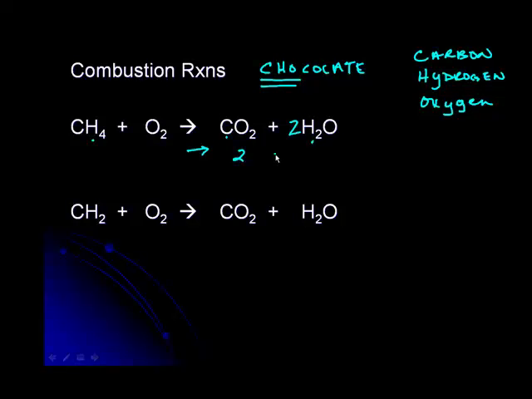I've got 2 oxygens plus 2 more oxygens for a total of 4 oxygens on the right. So I need to make 4 on the left, which means I put a 2 there. And that gives me 2 times 2, 4 oxygens. Always check one last time. 1 carbon, 4 hydrogens, 2 times 2, 4 hydrogens, 2 times 2, 4 oxygens, which is 2 plus a 2 times 1. 4 oxygens, and so this one's now balanced.